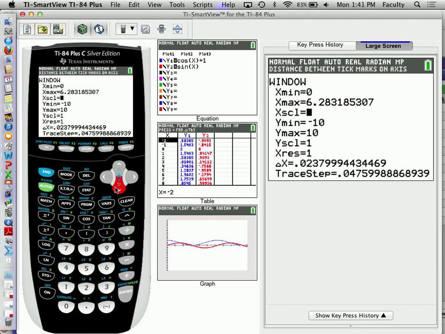X scale, you could leave it as 1, but that's not as interesting in trig stuff. Let's make it pi over 2. And then for Y, I'm not sure how much I'm going to need, so let's do negative 5 to 5, and then we can wiggle it some more if we need to. And then press graph.